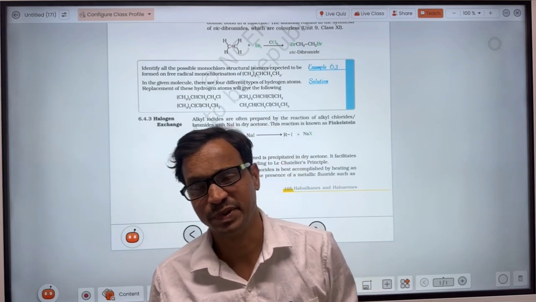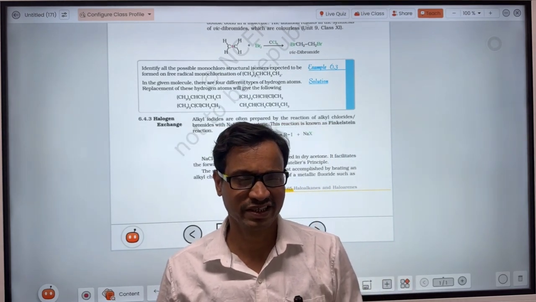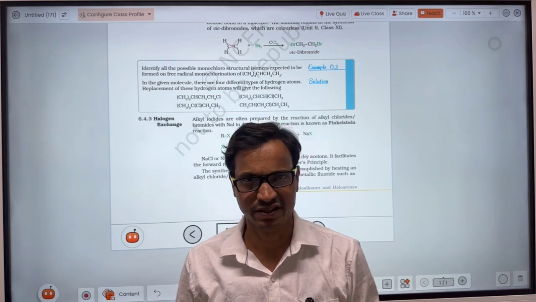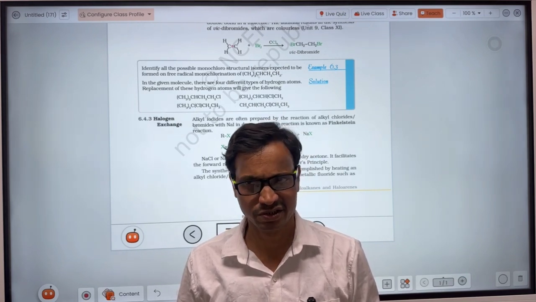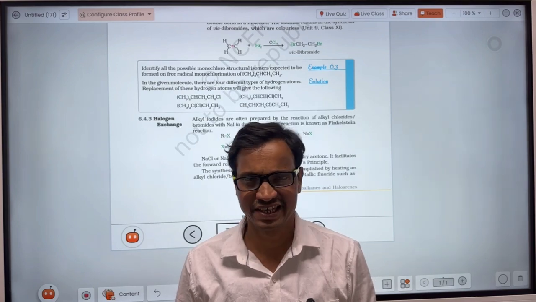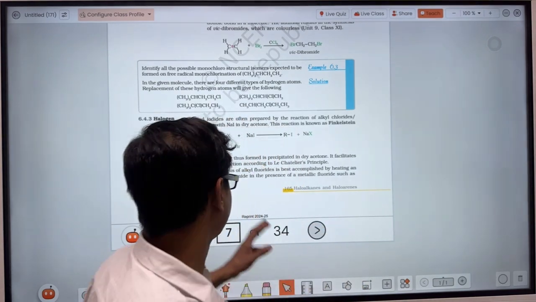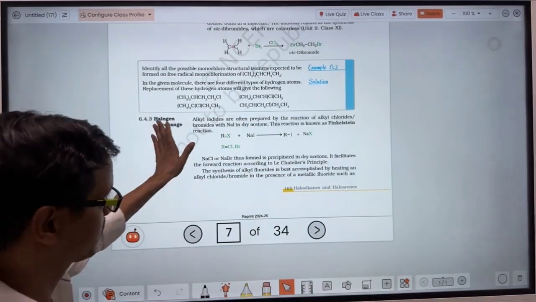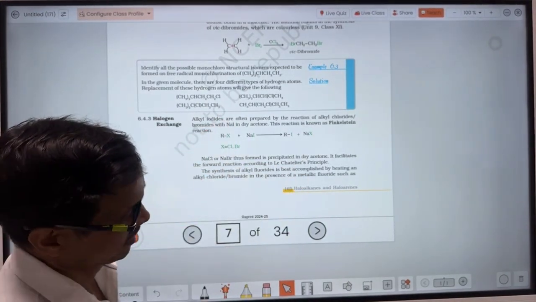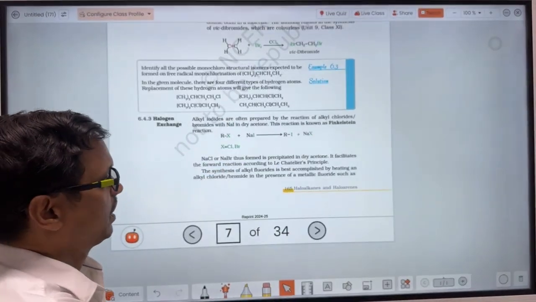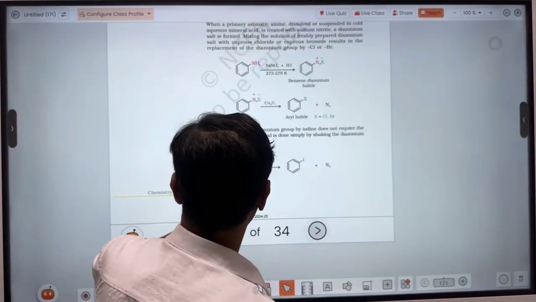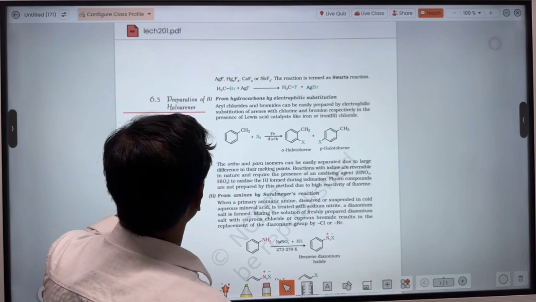So to prepare the iodoalkane or the fluoroalkane, it is preferred to first prepare the bromoalkane or the chloroalkane, and then do the halogen exchange reaction. So you first prepare the chloroalkane or bromoalkane, and then replace the halogen by iodine by taking a suitable reagent.